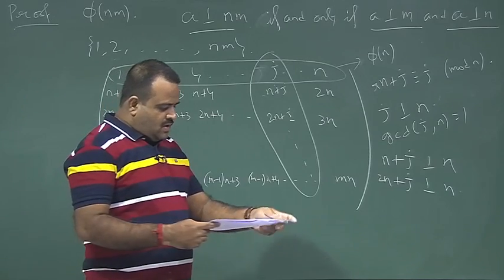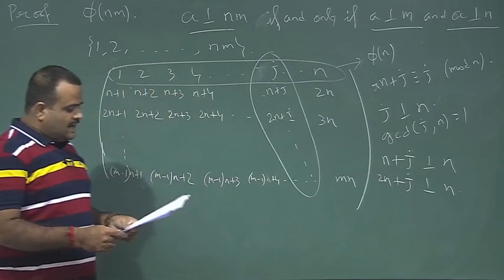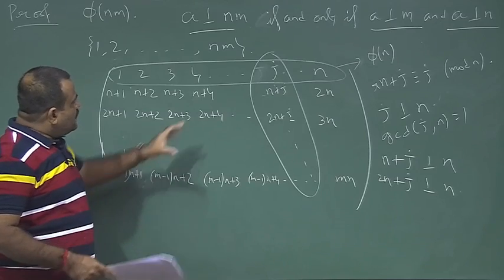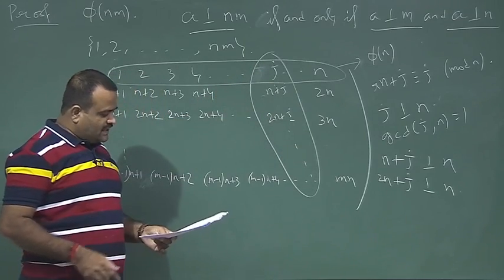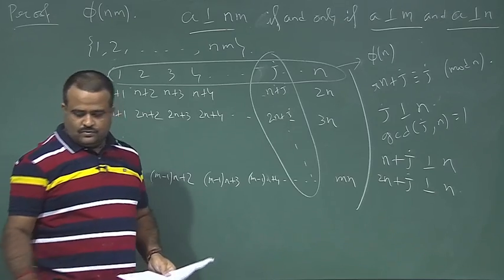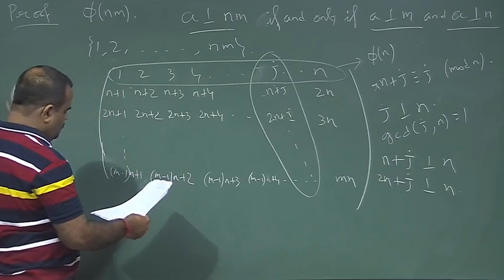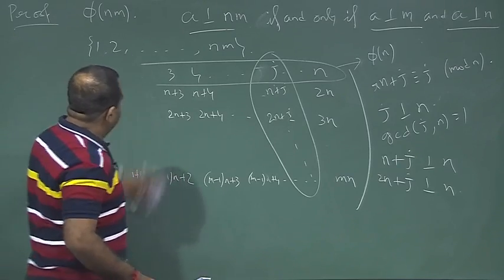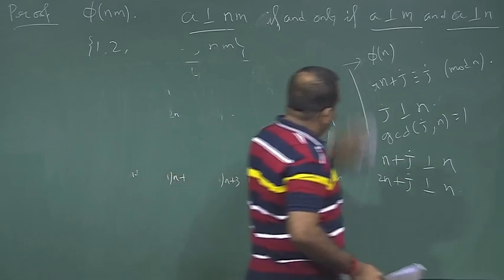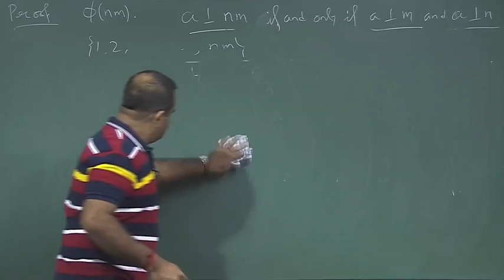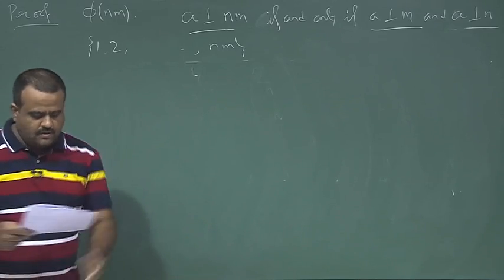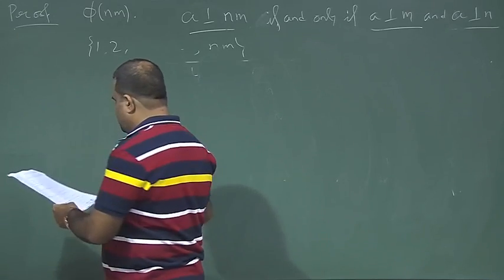Now we have to see how many among these are co-prime to m. So for that, let us take this set.